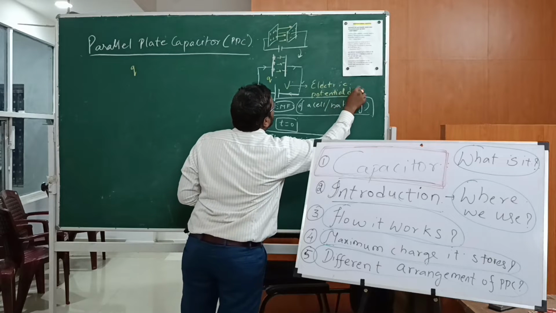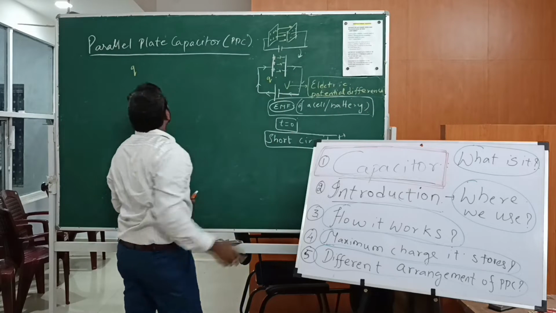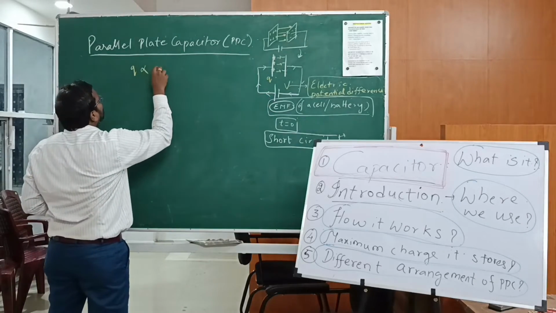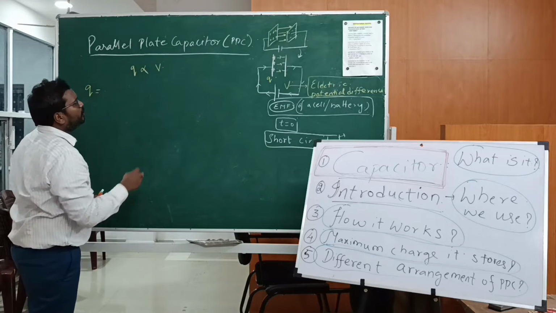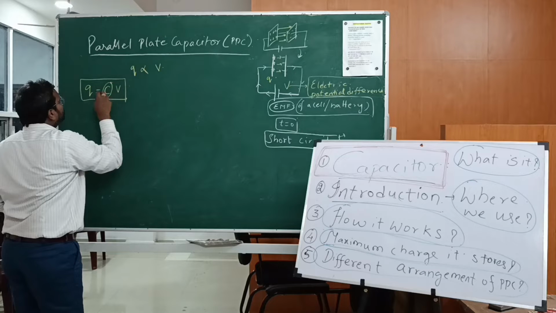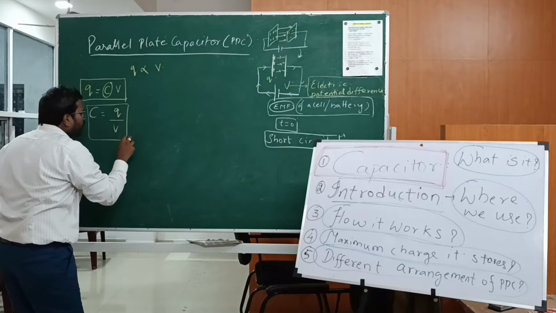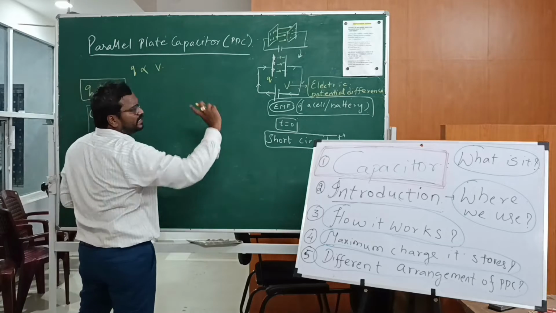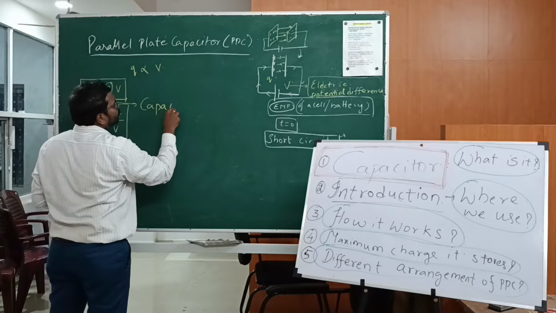The charge acquired by the capacitor is directly proportional to the voltage, and when you write it as an equality, the constant is called the capacitance of the capacitor, defined by C. C is defined by Q by V: the amount of charge stored per unit potential. Remember, this C is called the capacitance of a capacitor.